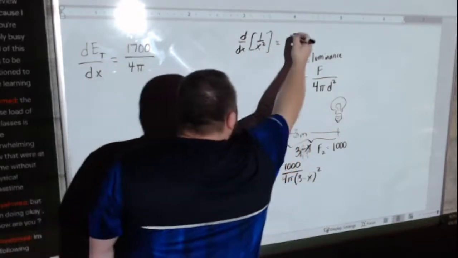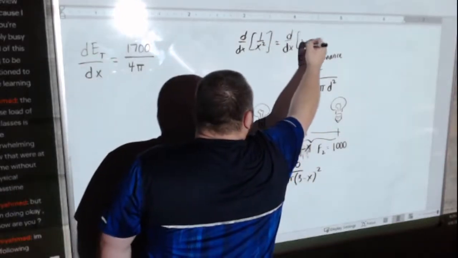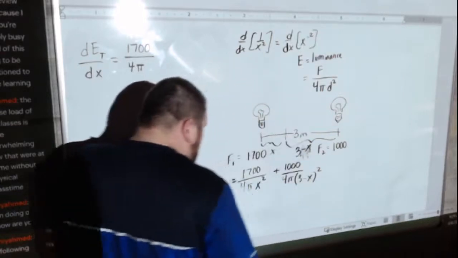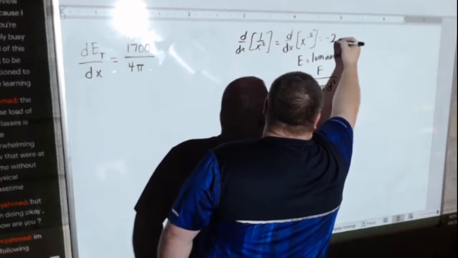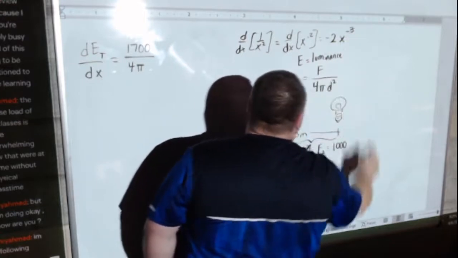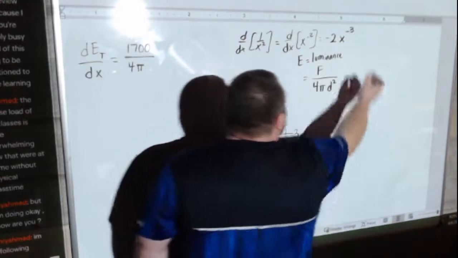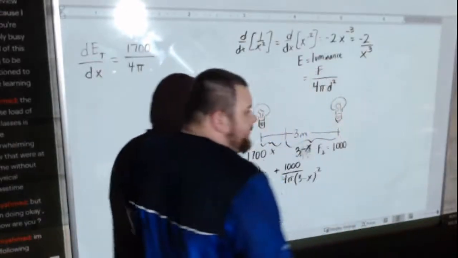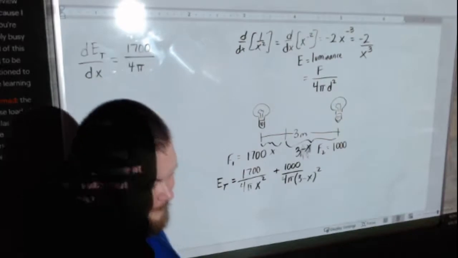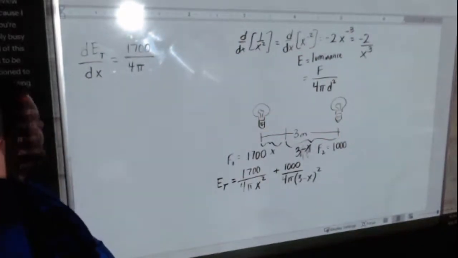Again, that is d dx of x to the minus 2. Derivative of this is minus 2x to the minus 3, or minus 2 over x cubed. So same thing here.